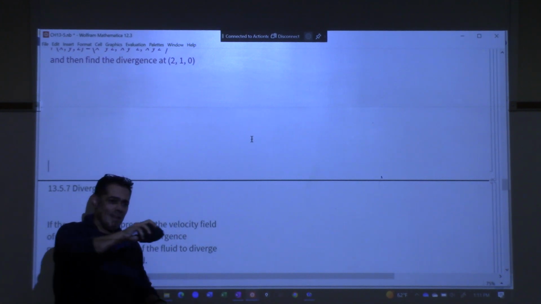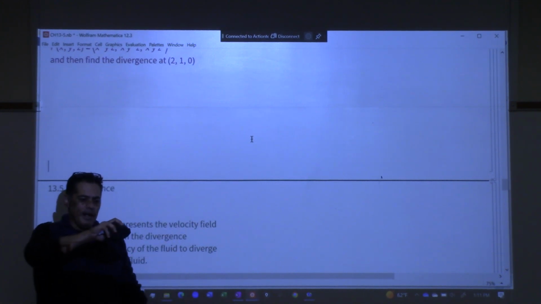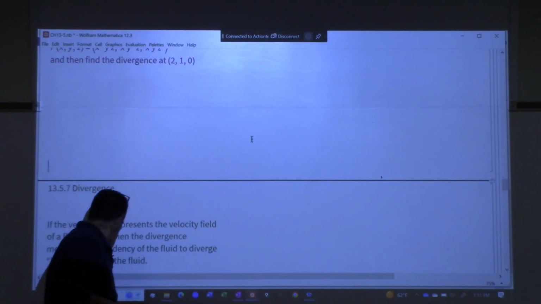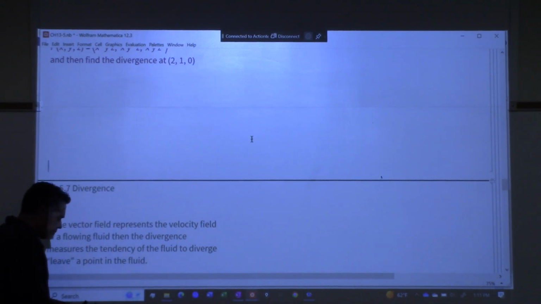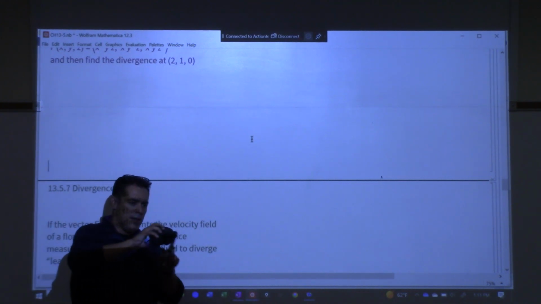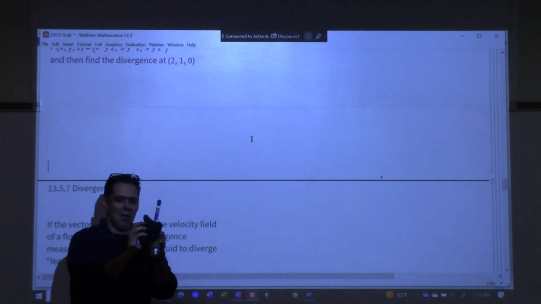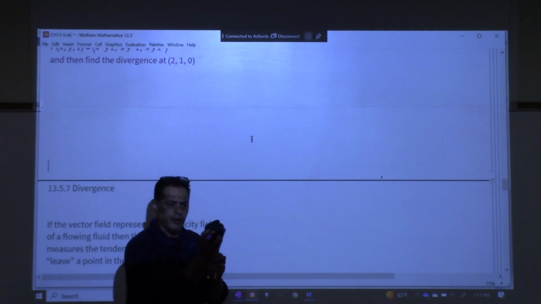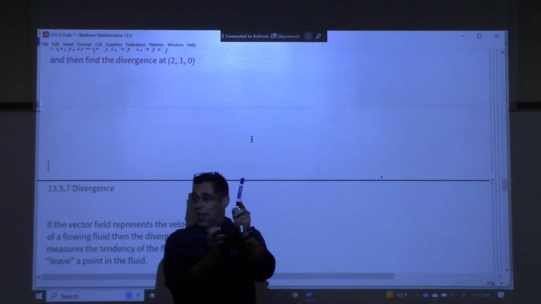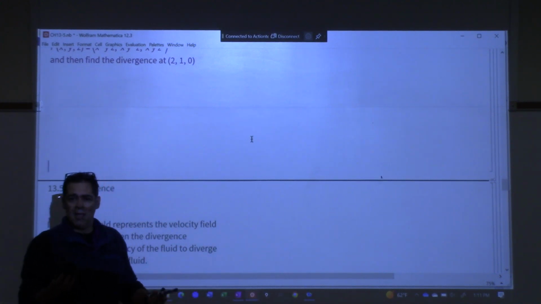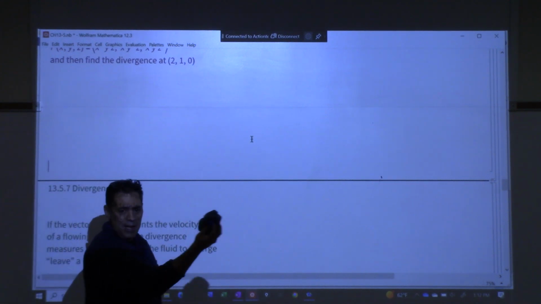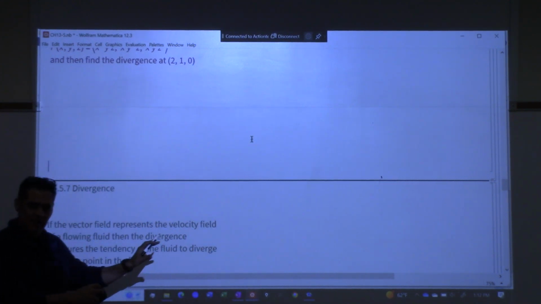But it could be spinning at the same time, and it doesn't have to be spinning on the same axis as the direction it's moving. So even though the ball may be going this way, it might be spinning on a different axis as it moves in that direction. That axis of rotation is another vector, and that is the curl vector. And the magnitude of that vector is how fast it's actually spinning, right? So that's what we did last class.